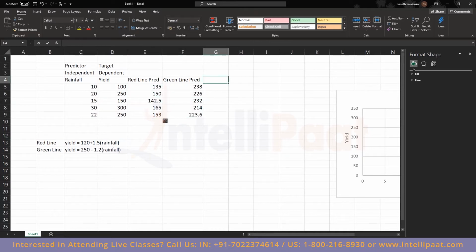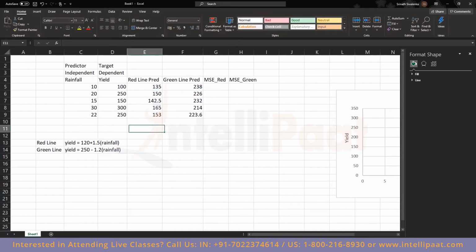Now what you typically do is compute the error. You compute the mean squared error of your red line, and the mean squared error of your green line. This is your actual value.